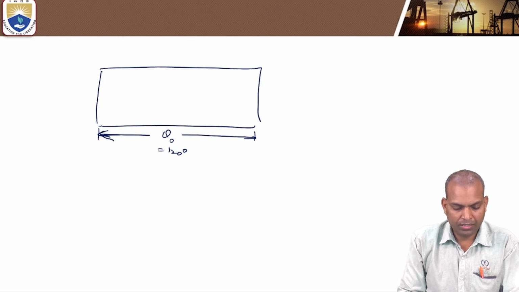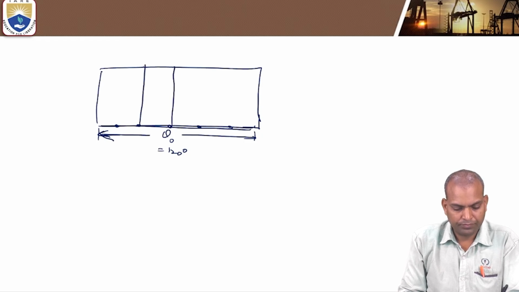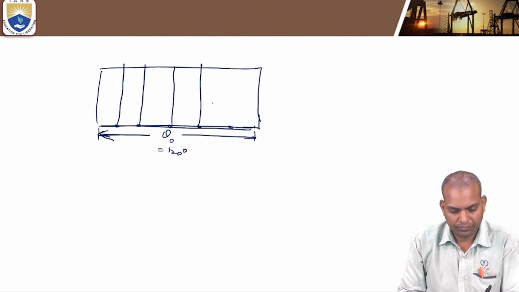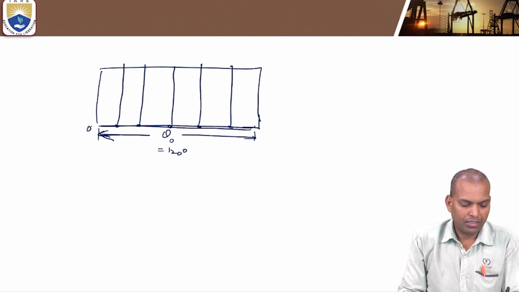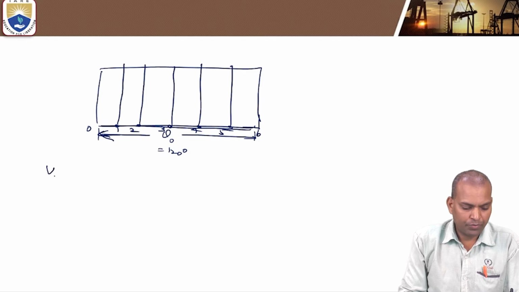That makes the length of this outstroke portion 6 centimeters. Divide it into 6 parts. Mark it 0, 1, 2, 3, 4, 5, 6. That is UARM, uniform acceleration and retardation motion.